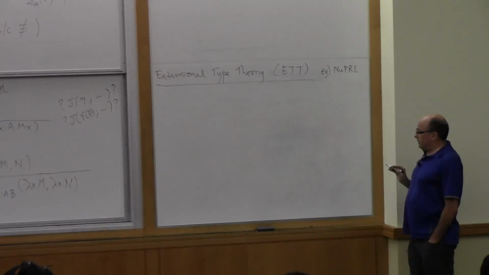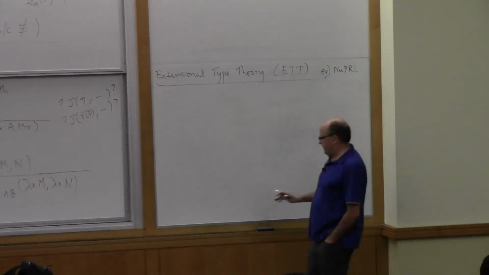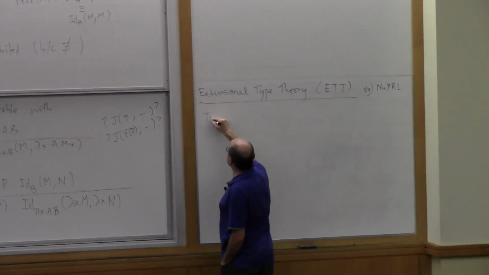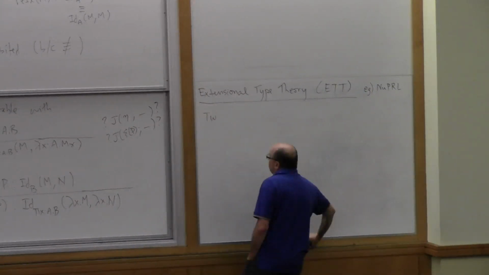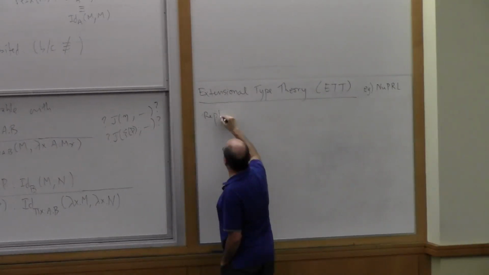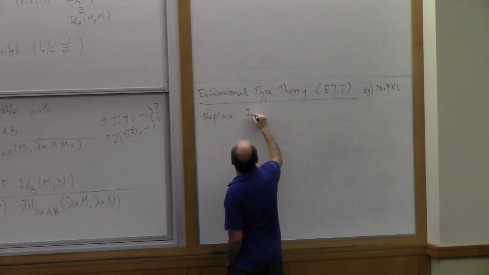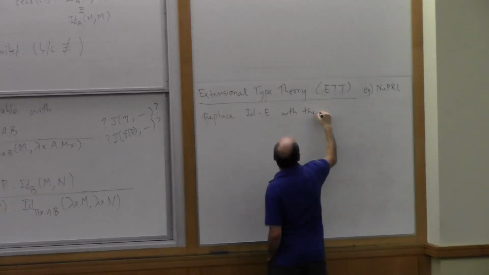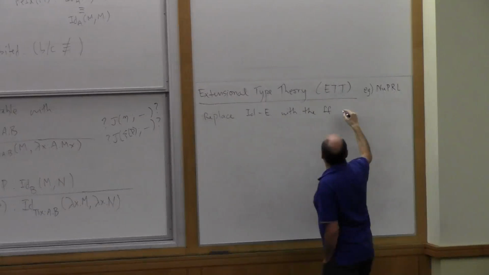So what is extensional type theory? Extensional type theory is based on the following two additional rules. So what we do is we replace, I'll call it like that, identity elim with the following two rules. So we get rid of J, with the following rules.